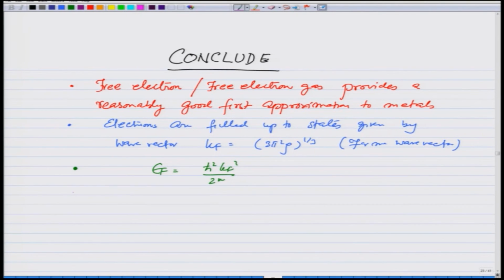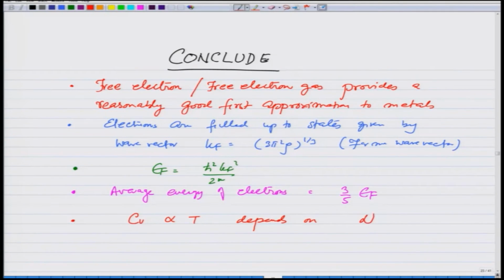Then the average energy of electrons is given as 3/5 epsilon f, and then the specific heat of electrons is proportional to T and depends on the density of states at the Fermi level, epsilon f, and T, and the density of states in 3D goes as the square root of epsilon.